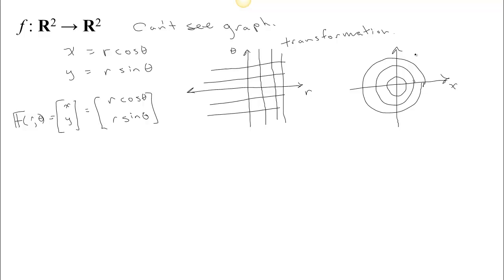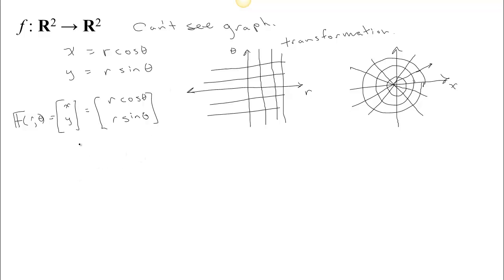Each of these lines becomes a line through the origin. So for each different value of theta, we get a different line through the origin. Apparently I'm not able to go through the origin, but that's my fault, not the fault of the transformation. That's one visualization that comes along with functions with as many inputs as outputs: as transformations.